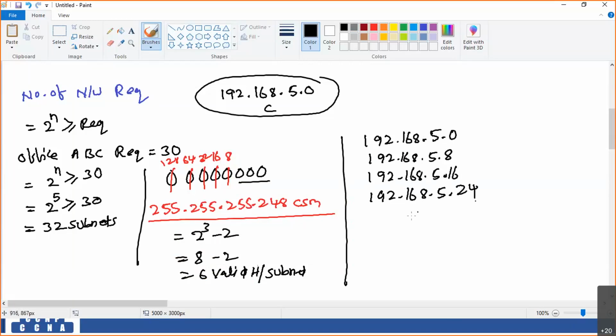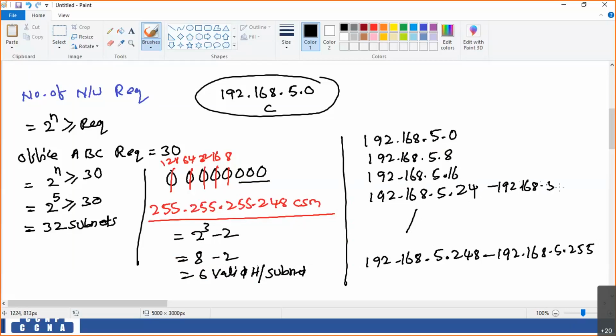Like this you keep on writing it. The last subnet range is 192.168.5.248. The broadcast ID is 192.168.5.255.